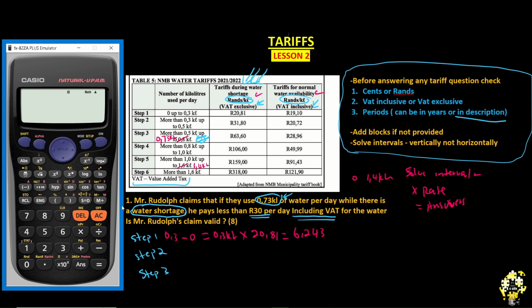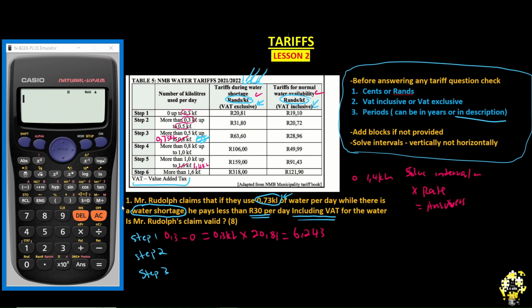Step number 2, we are solving it. Remember, I told you you are going to encounter intervals that allow you to do it horizontally. Like you can simply say this 0.5 here minus this 0.3 here. But because we are cementing vertical in your mind, take it as if it's 0.5 subtracting this 0.3.